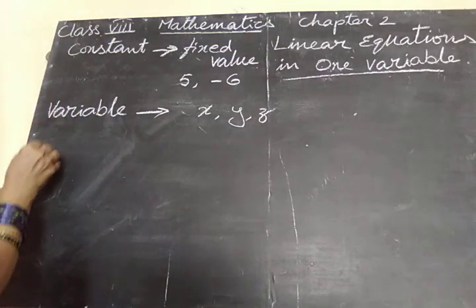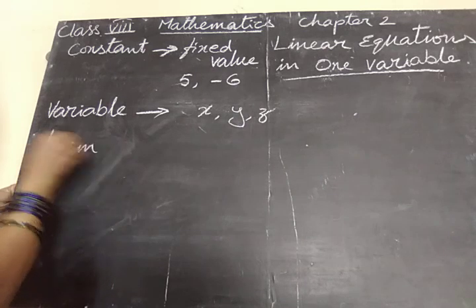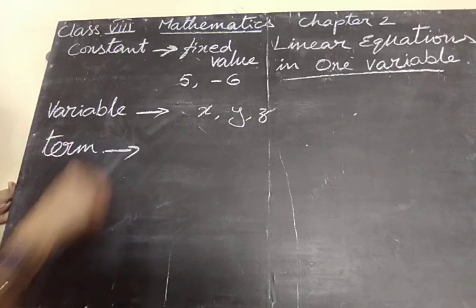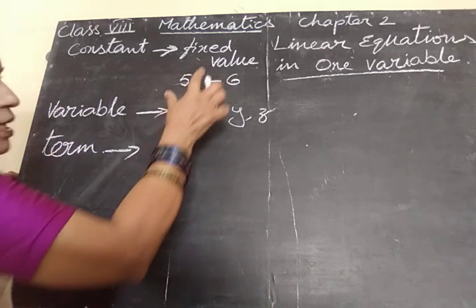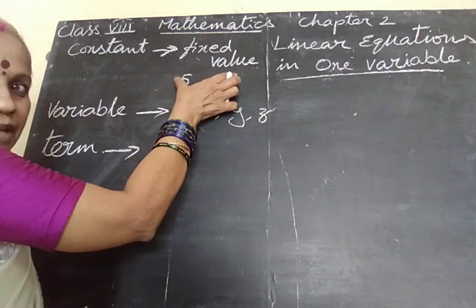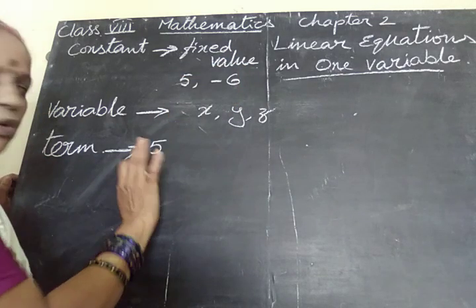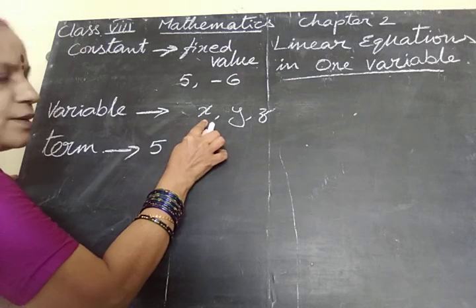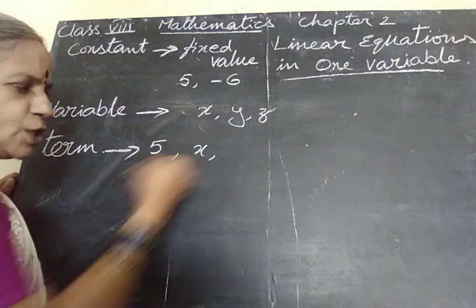Now, what is a term? A term means a constant alone, like 5 alone, that is a term. And a variable alone, x, is a term.